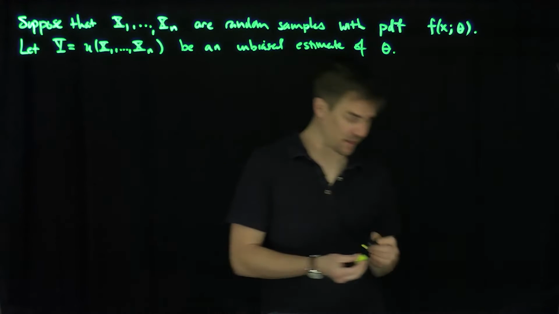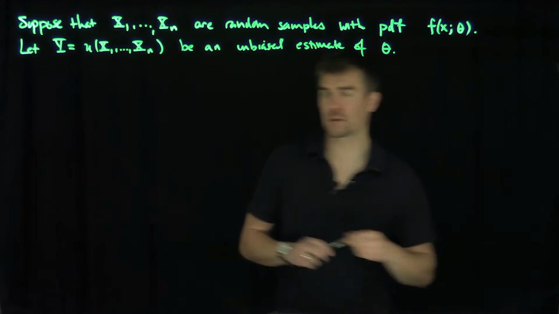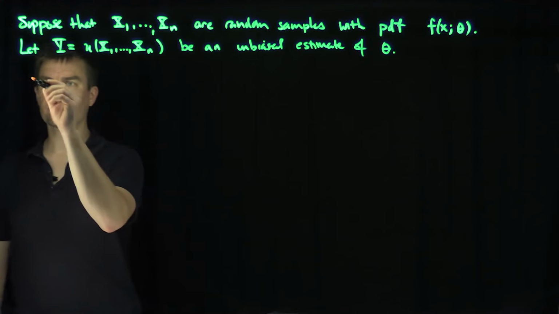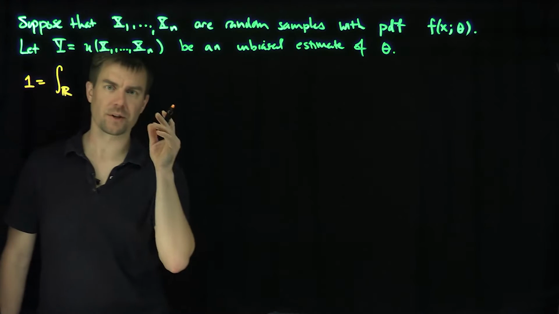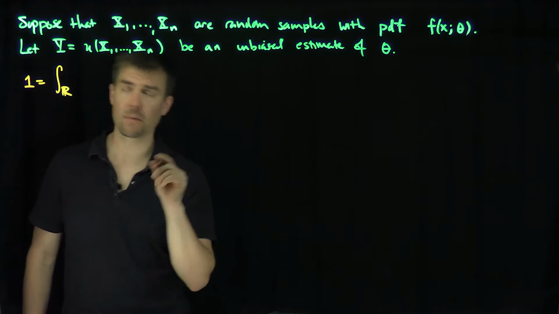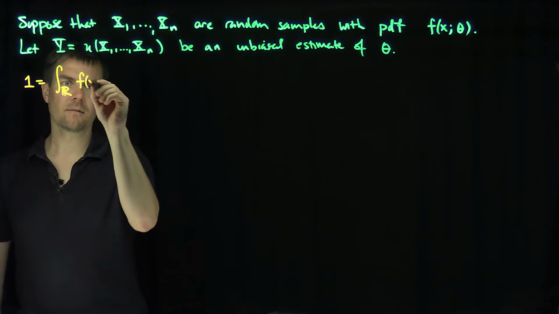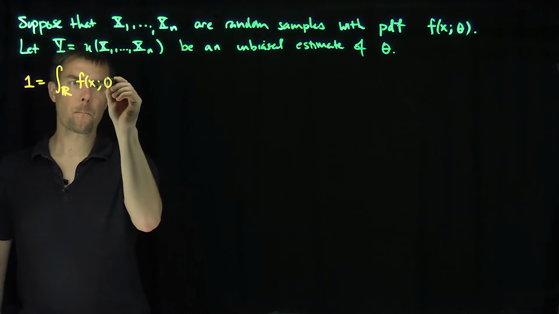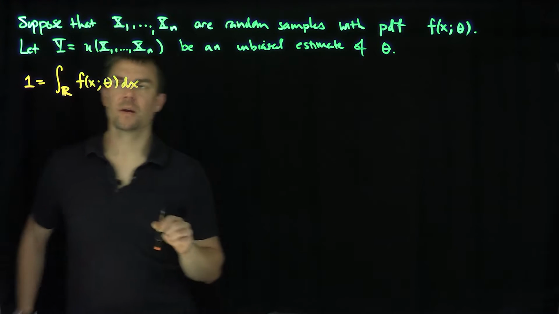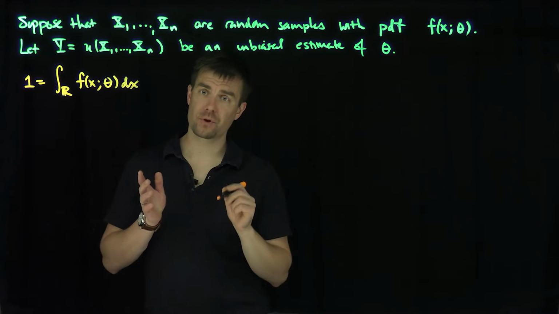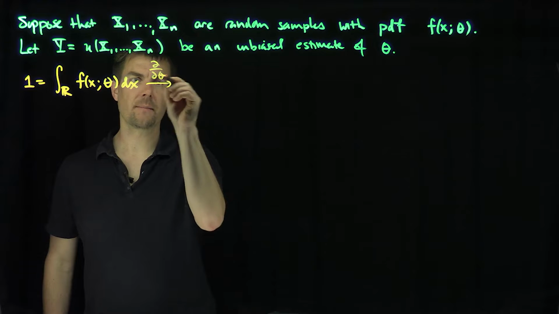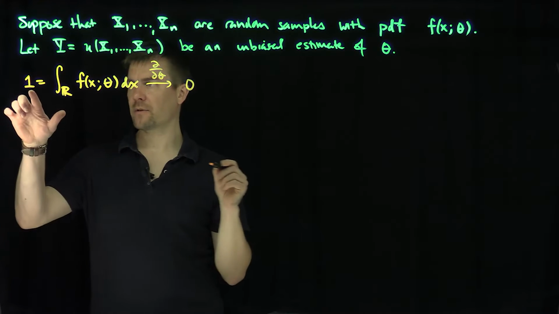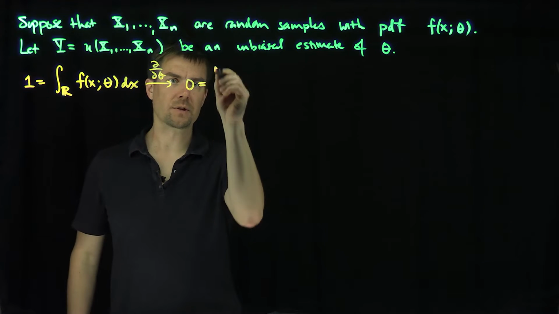And so there's a couple keys to this. The first observation we make is that 1 is equal to the integral over R of f of x and theta dx. We're going to assume the variables are continuous. The same thing works in the discrete case equally well. If I differentiate this equation with respect to theta, the left side becomes 0 because the theta derivative of 1 is nothing, and it's equal to the integral over R of the partial with respect to theta of f of x theta dx.